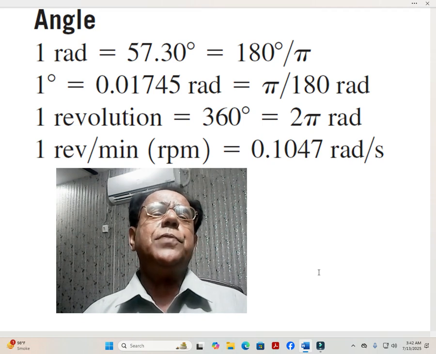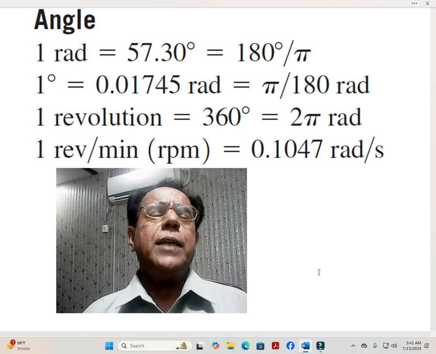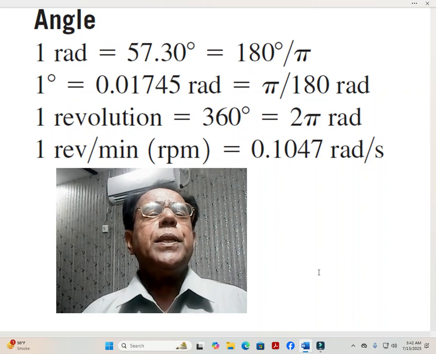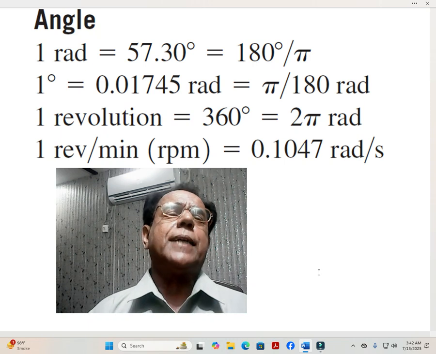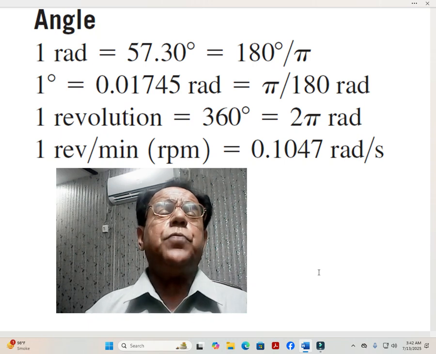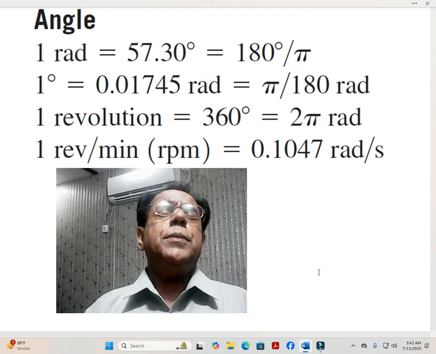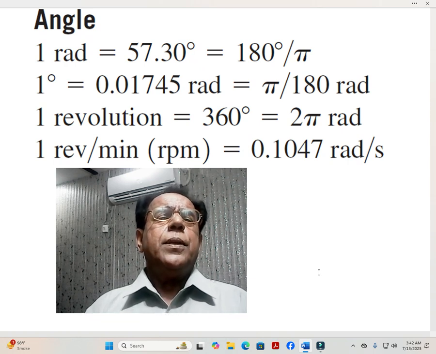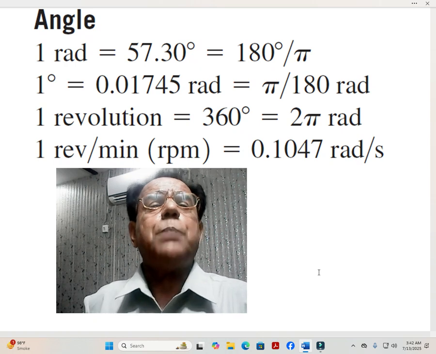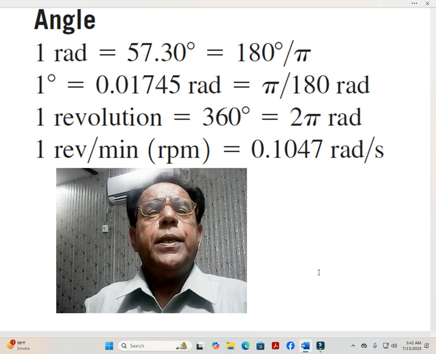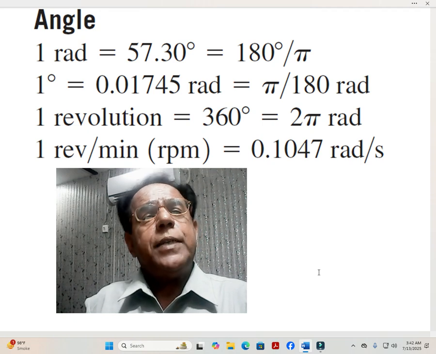For example, if we are going to find length, it will be in meter. If we are going to find speed or velocity, it will be in meter per second. If we are going to find acceleration, it will be in meter per second square, etc. Similarly, 1 revolution per minute, RPM, is equal to 0.1047 radian per second.